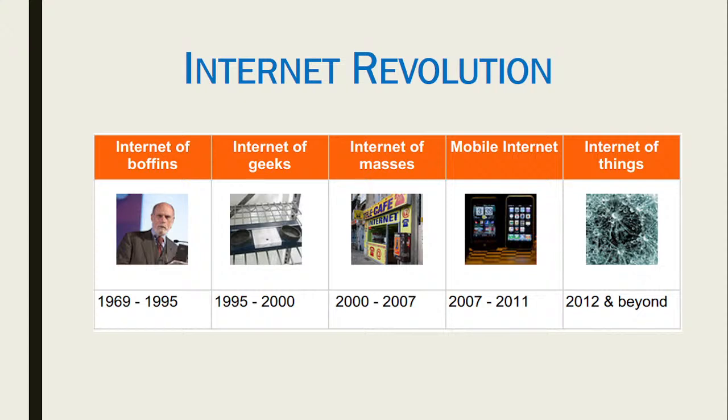Big computing systems, like IBM computer systems, were implemented for different purposes on campuses. At that time the internet was called ARPANET, and it was made by the US Defense Department.